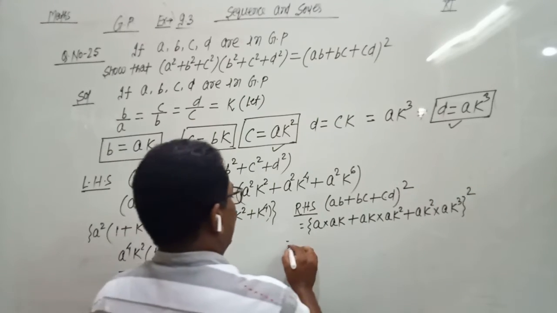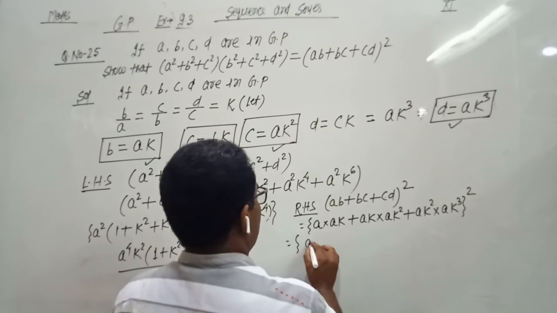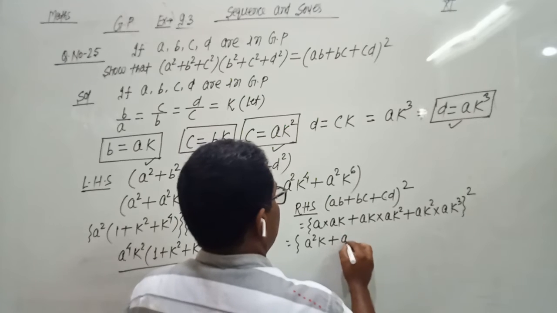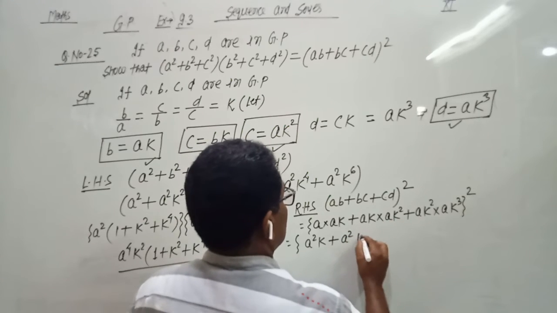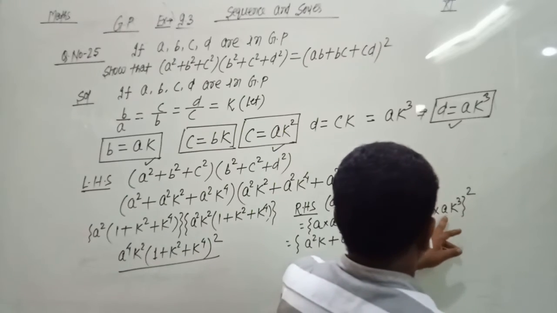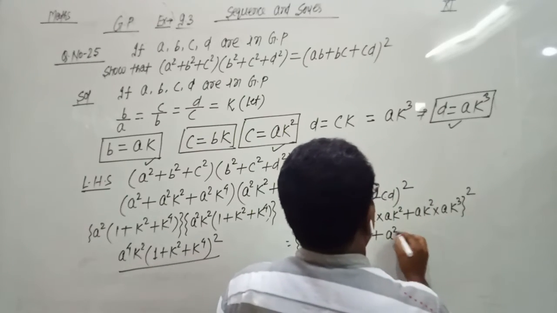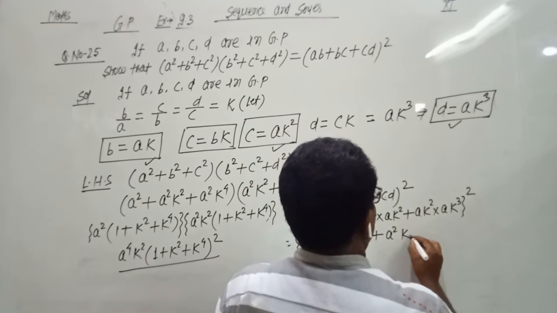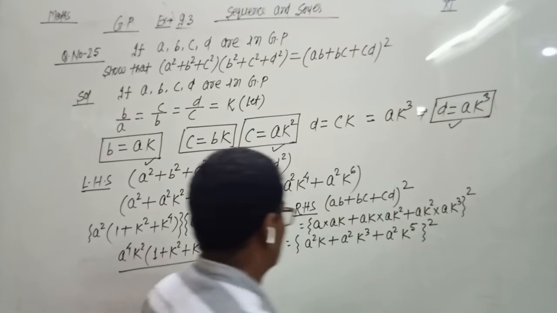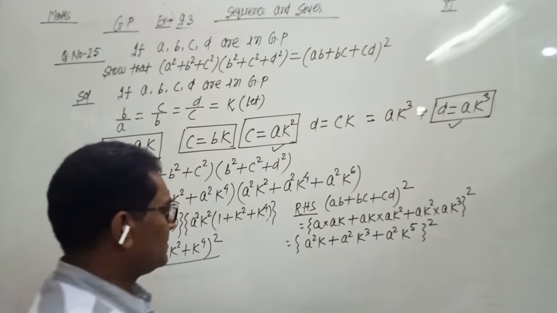Now we solve the bracket. So A square into K plus A square into K cube plus A square into K^5, the whole square.